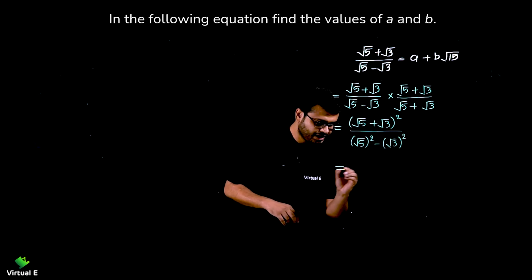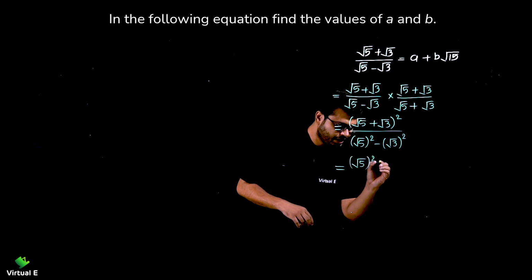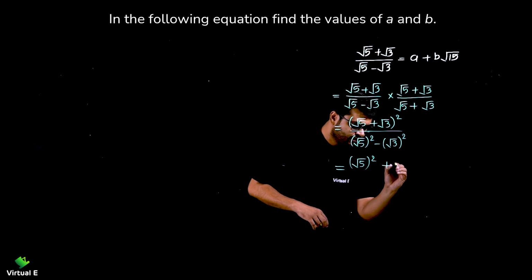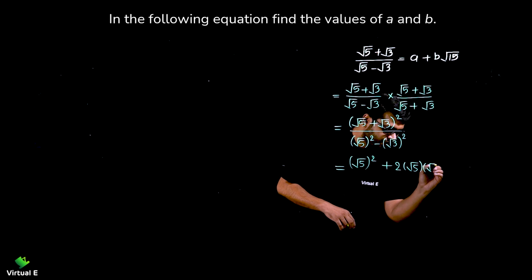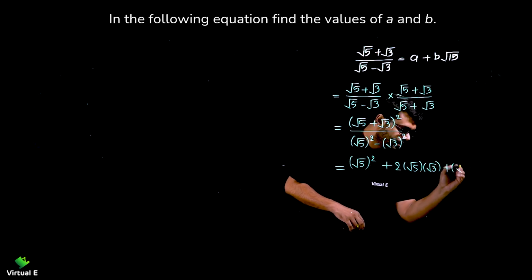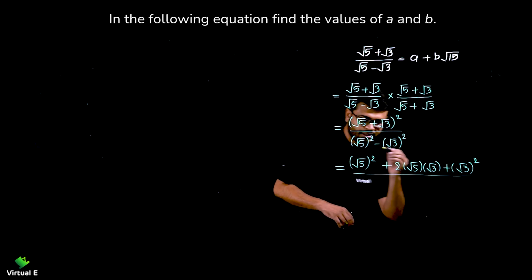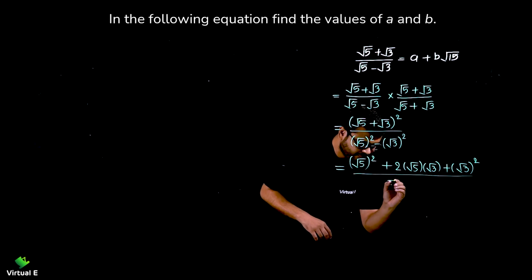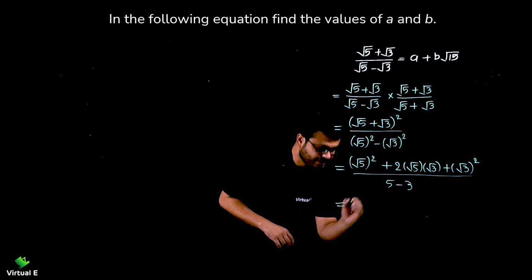So let's simplify. a square, so we will write root 5 square, then plus 2ab, so root 5 and root 3, plus root 3 whole square, and in the denominator we have 5 minus 3. So let's simplify further.